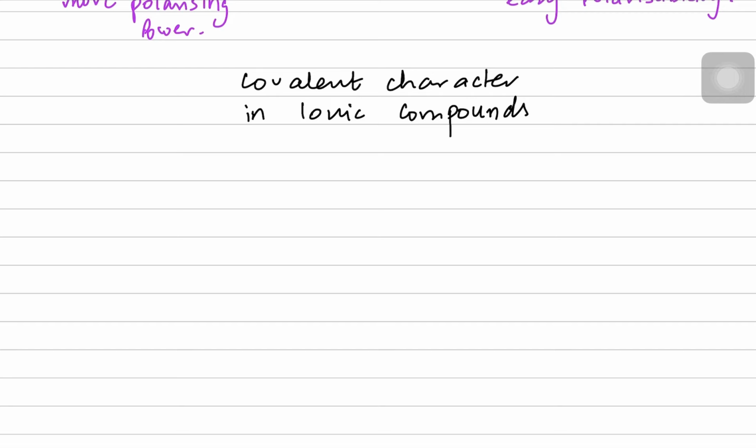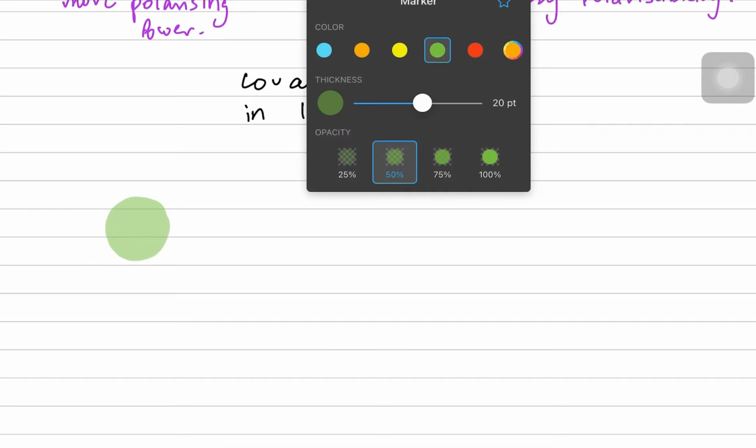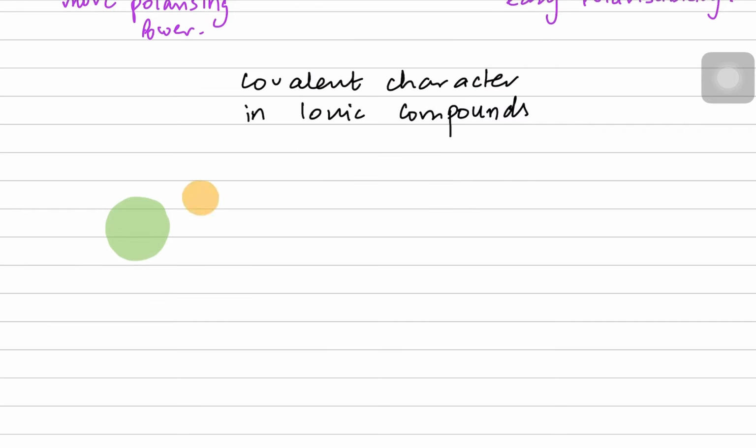Let's take a very simple example, that same magnesium, and let's suppose we have the same sulfide. So magnesium was a small cation, sulfide is a big anion. And the other scenario we have is, let's suppose, strontium oxide. So strontium is a big cation and oxide is a very small anion.